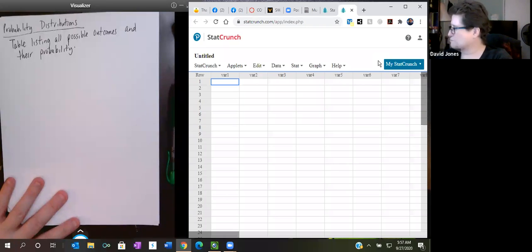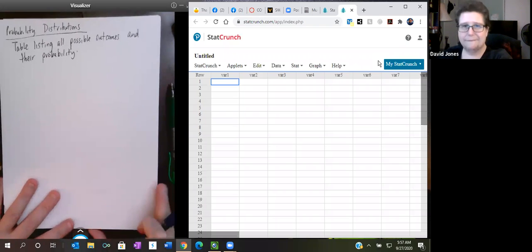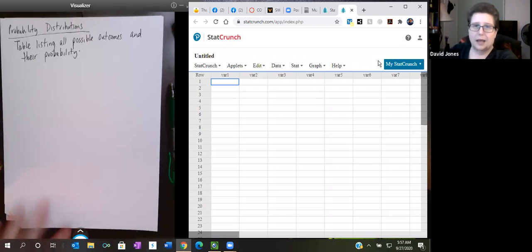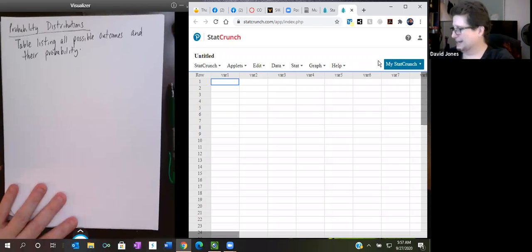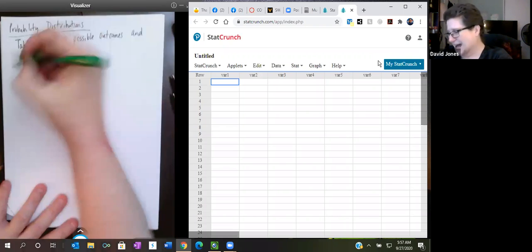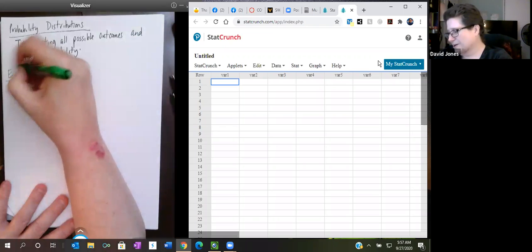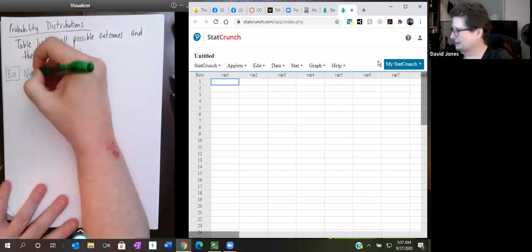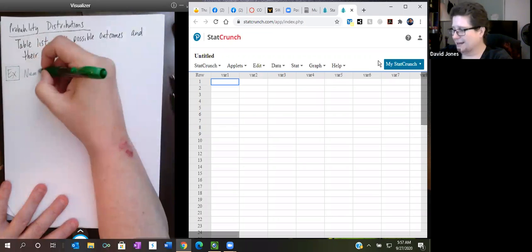In fact, it's probably not a very good example right now. I am filming this during the COVID pandemic. So you'll see why this doesn't seem like a good scenario. Example is the number of movies streamed on Netflix in a month.